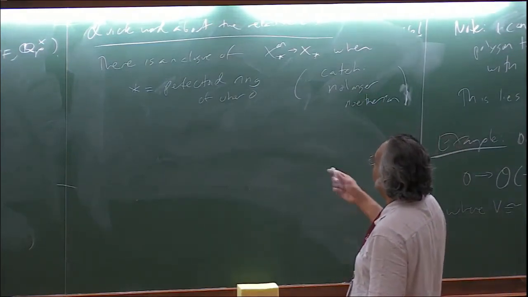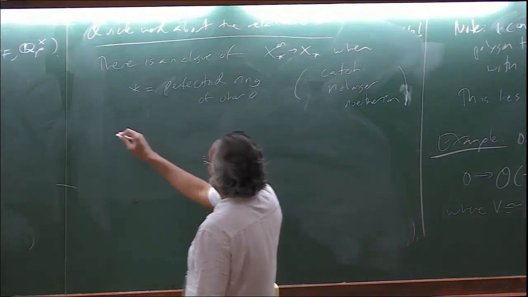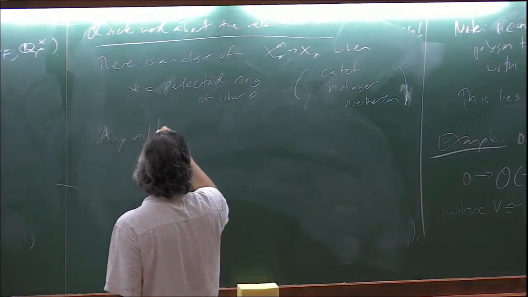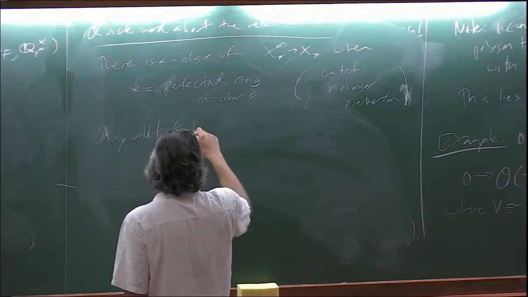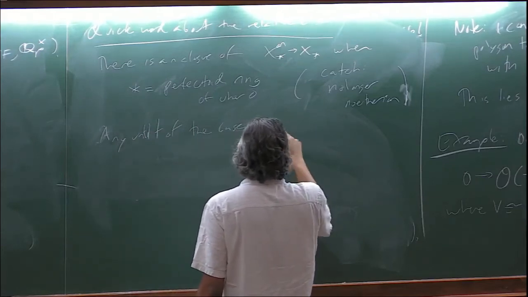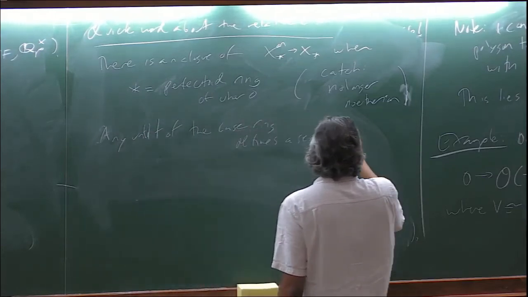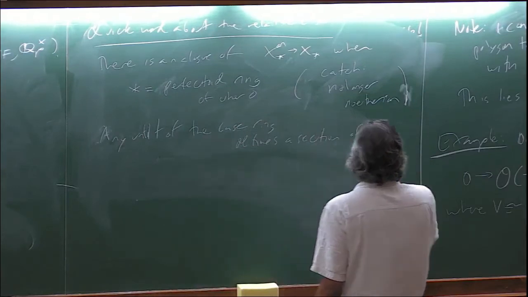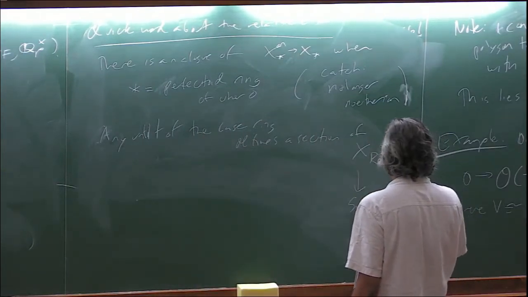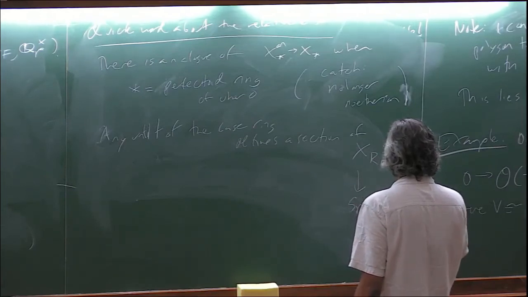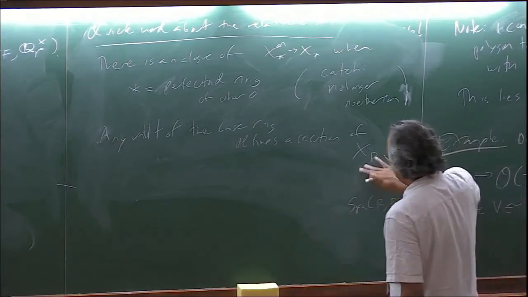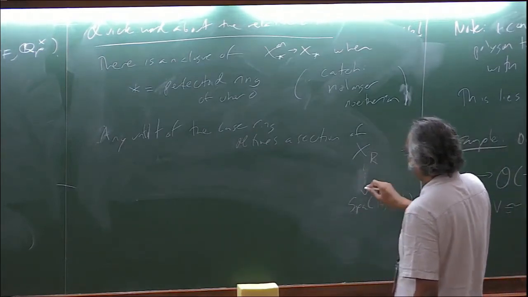Yeah, so any untilt of the base ring defines a section. When you have, say, R as a perfectoid ring, so if you have a perfectoid pair here, you have a morphism, and I'm going to write this with a dashed arrow.